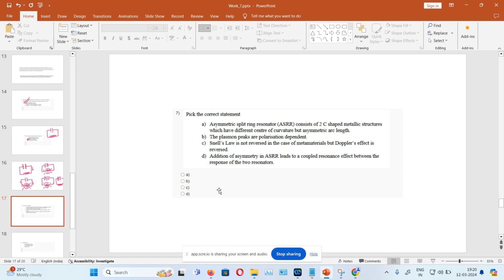Read the statements. Asymmetric split-ring resonators consist of two C-shaped metallic structures which have different centers of curvature but asymmetric arc length. So an asymmetric split-ring resonator will be something like that.